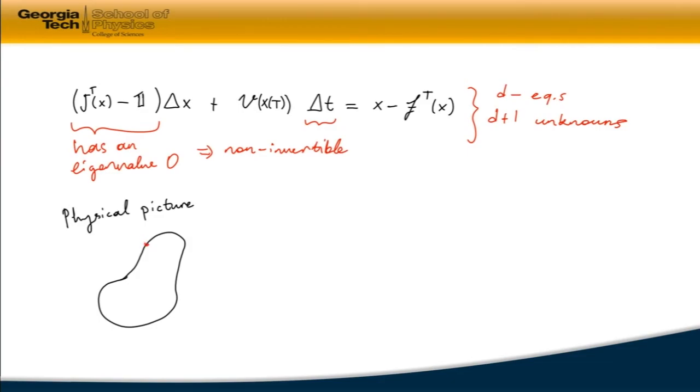So suppose that we find a point on this orbit, we can still move along the orbit and the solution still is going to satisfy the periodic orbit condition.